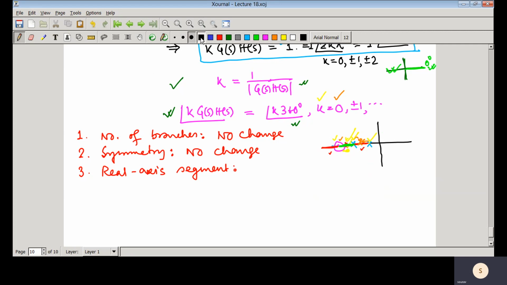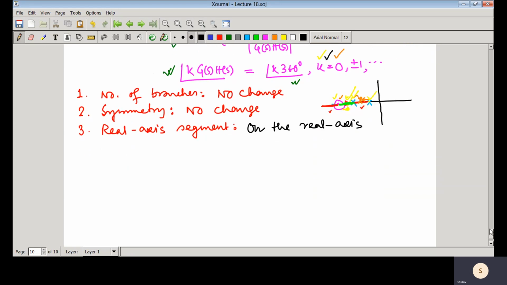So let us write that on the real axis. It is very clear that if you consider this angle criterion, and apply the same concept that we discussed in case of negative feedback, it is easy to find which segments would be part of the root locus.